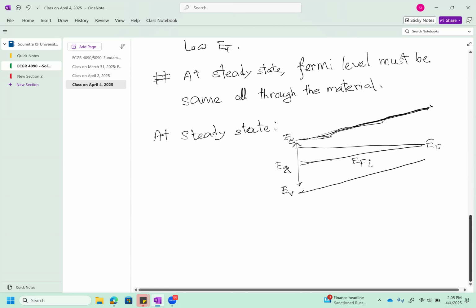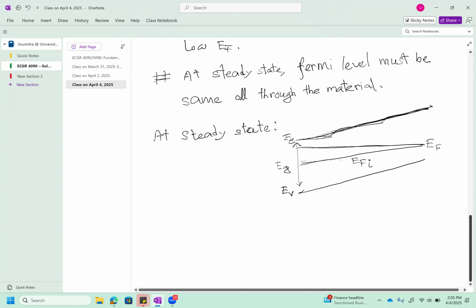Okay. So one more time, for EC, we first start by drawing EF because I know that at steady state, there must not be any flow of electron. That means EF must be constant. And I draw a constant line of EF. And then with respect to EF, I draw EC. I draw it in a linear manner. It goes from left to right.